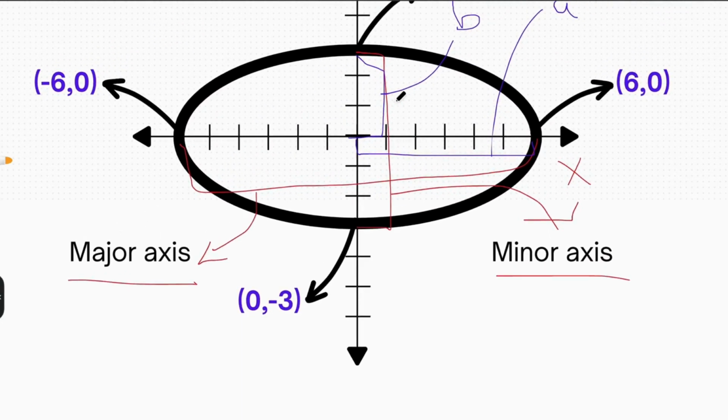Square root of 27 is near 5.19. So since 1, 2, 3, 4, 5, we can take it as here, 5.19, okay? And the same here, 1, 2, 3, 4, 5. So here, these are our foci.